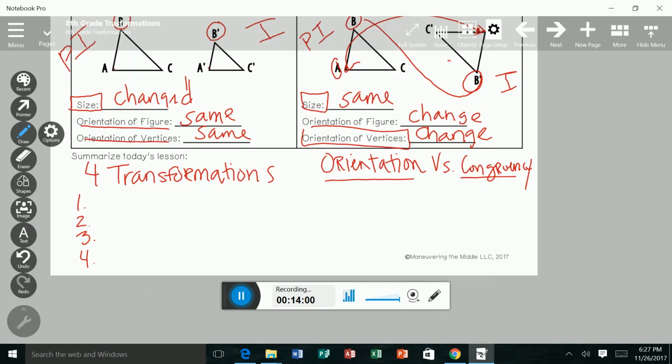Okay. Congruency, this is a shape size change. It's either gotten larger or smaller. Okay. Orientation, I've just changed the direction it was facing.